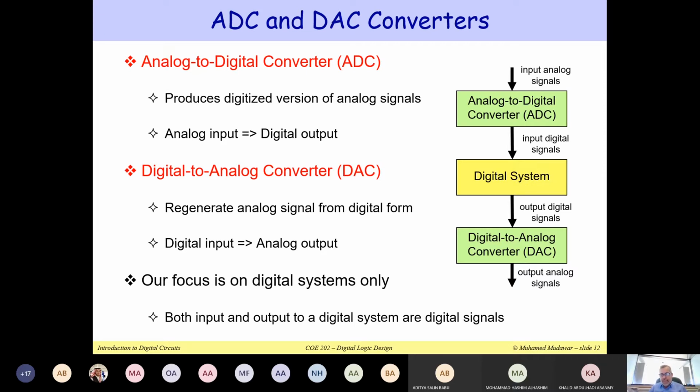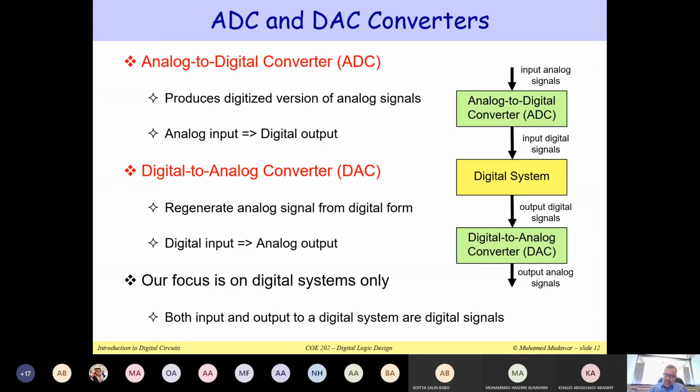Now the sound is going into my microphone, so the microphone is acting as an analog to digital converter. This analog to digital converter is very important because it will convert the analog signal into a digital form.